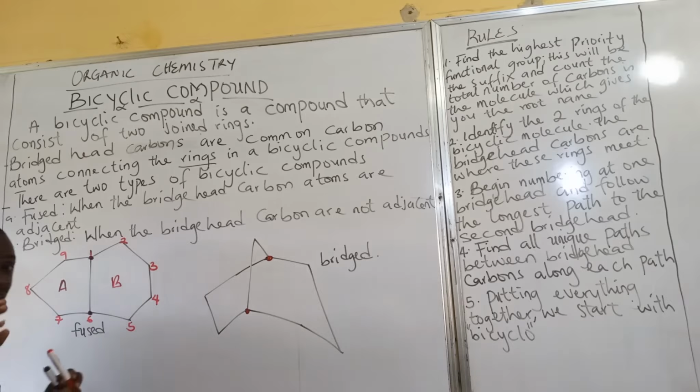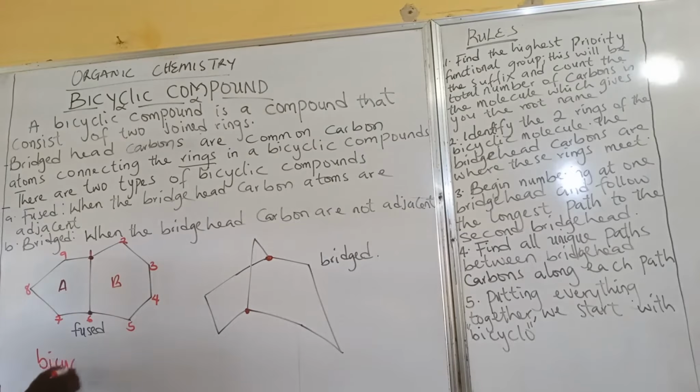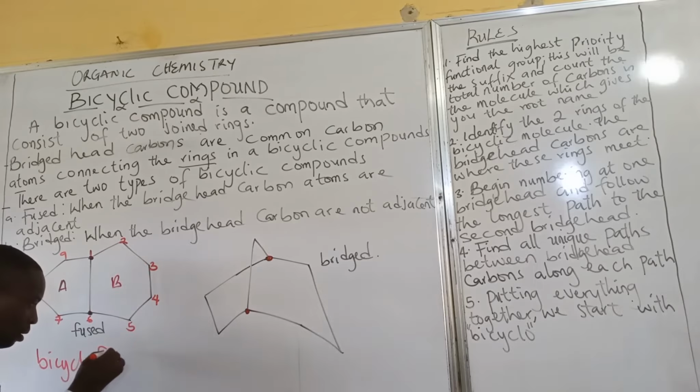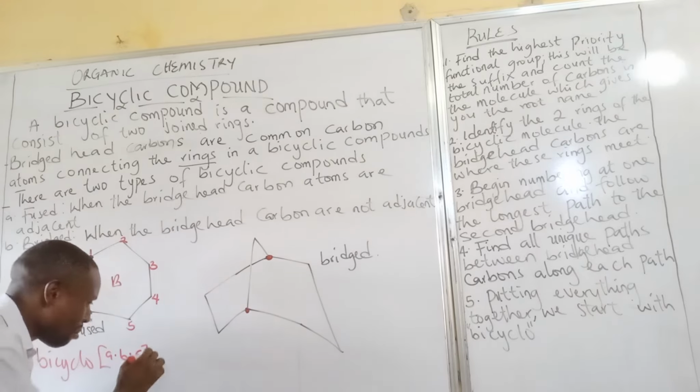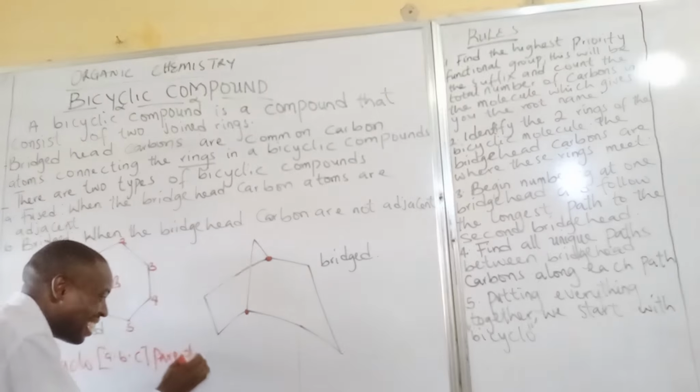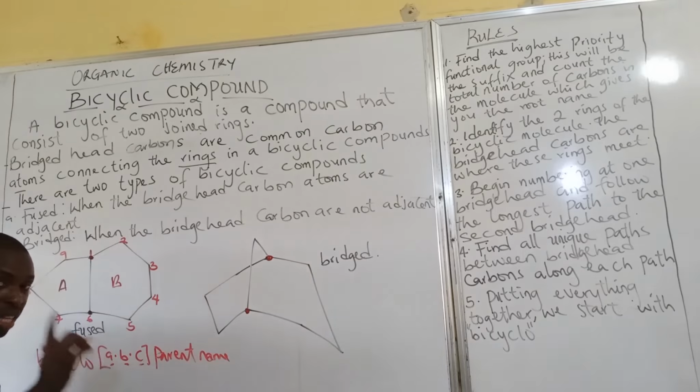The rule in naming the bicyclic compound is: bicyclo [A, B, C], then the parent name. Now, what does this A represent? What does this B represent?